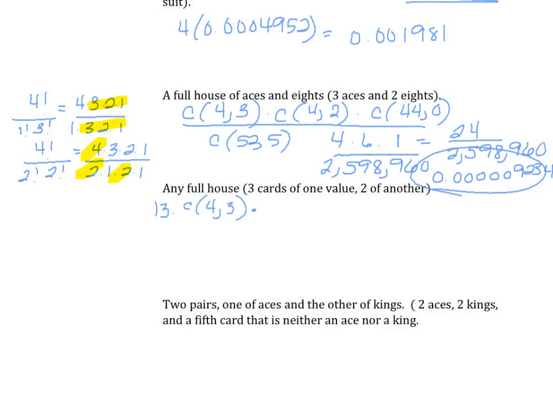Well, now that I've chosen one of the values, we now only have 12 options left. Let's say we have ace through queen left. And again, each one of those has 4, and we want to choose 2 of those. All over 52 choose 5. And thankfully we've done some of this legwork already.